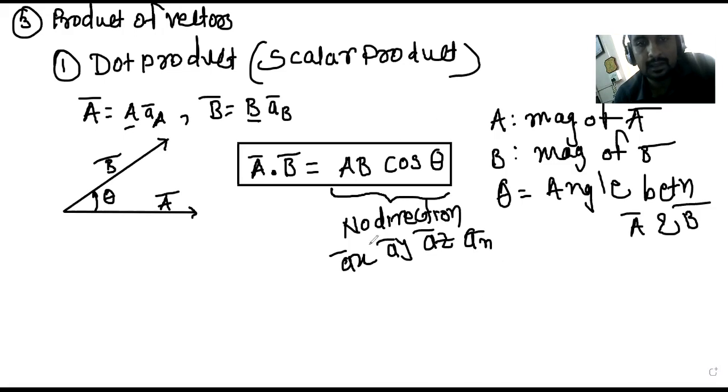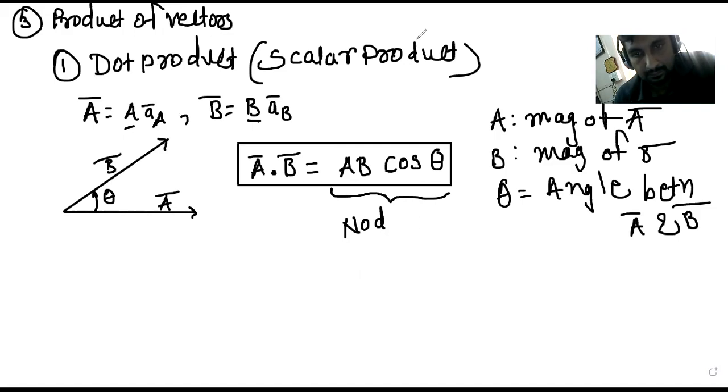That's why it is a scalar quantity, and hence the dot product is always a scalar quantity. It does not give any direction. That's why we call it a scalar product. I hope it's now clear why we call it a scalar product.